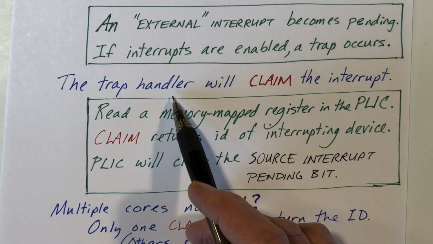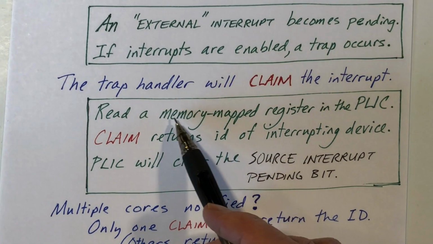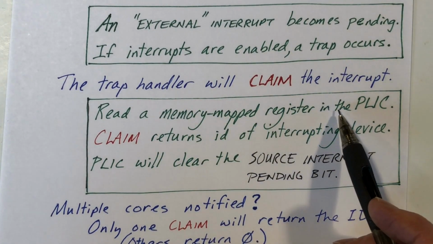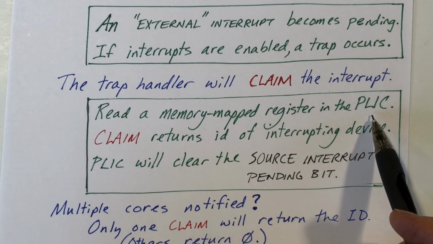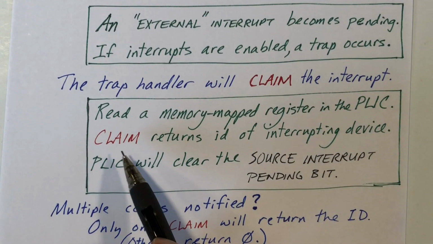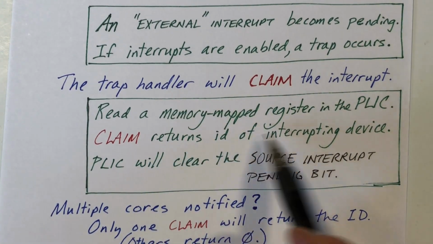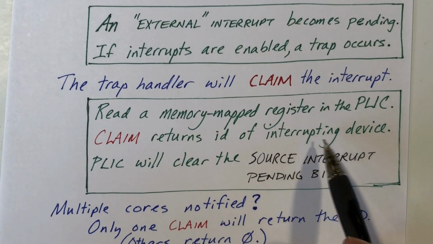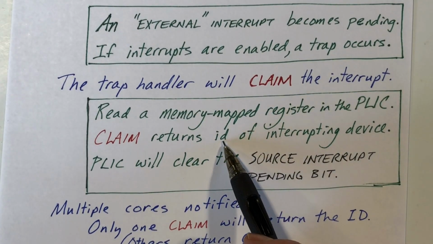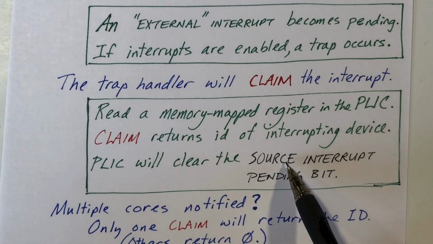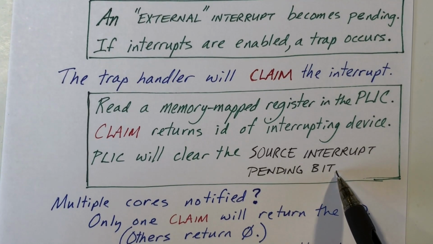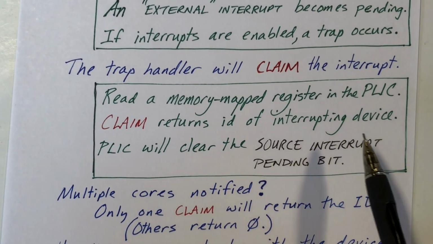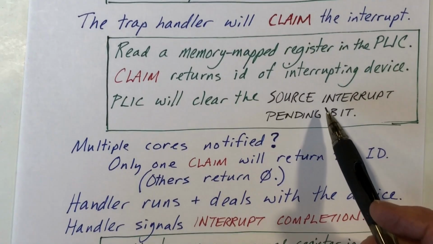So the trap handler will do a load from some word in the PLIC's address space, and the PLIC will then return a particular value for that memory load. The PLIC will return the ID of the interrupting device as a result of this claim operation. And will also, at that point, clear the source interrupt pending bit because the interrupt is being taken care of. Might clear it later, but that's the details.